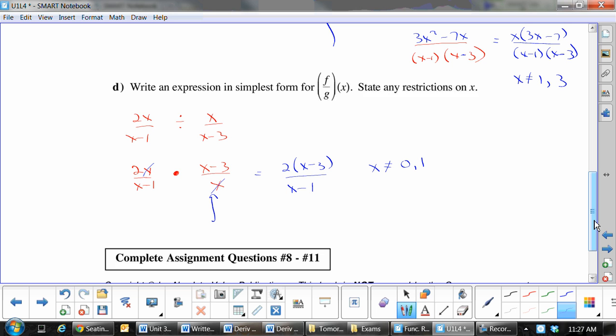Now, 3 is okay, right? Because if I put 3 minus 3 in there, that's 0, and 2 times 0 is 0. I'm allowed a 0 on the top. But it was bad there. So 3 is bad because it was once bad.